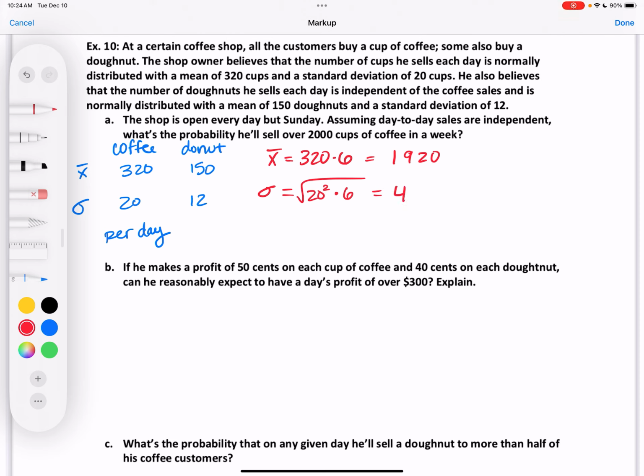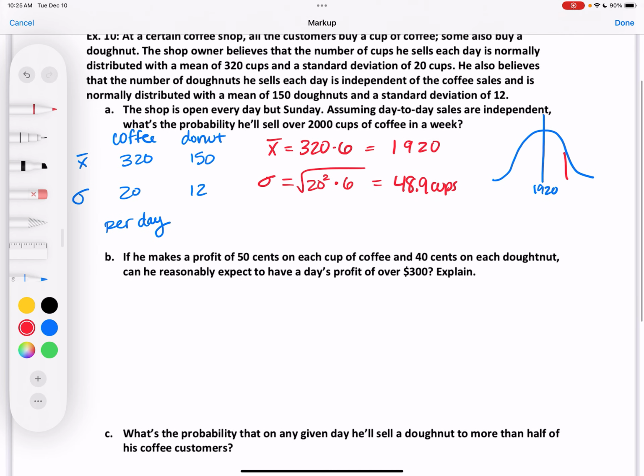And if we do that, we're going to get 48.9 cups. So, it says normal model. So, the mean would be 1920. They want to know the likelihood that they sell over 2,000, so that would be that area up in there.